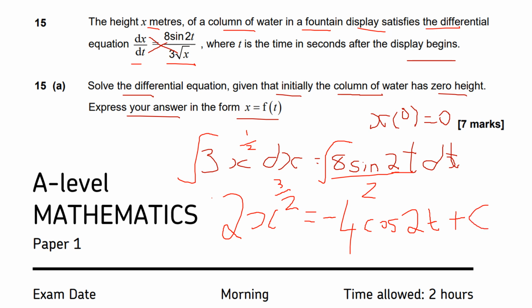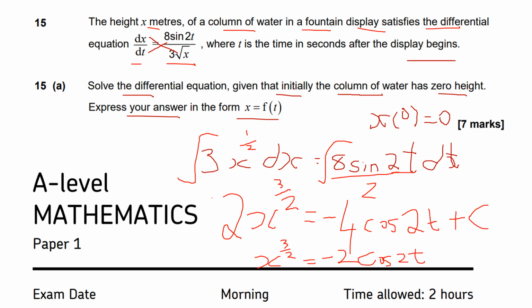Now this is going to start being a bit more nasty when I rearrange it. So I'm going to have x to the 3 halves is equal to minus 2 cos 2t plus c over 2.